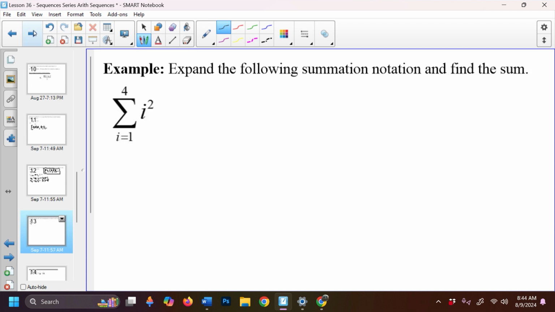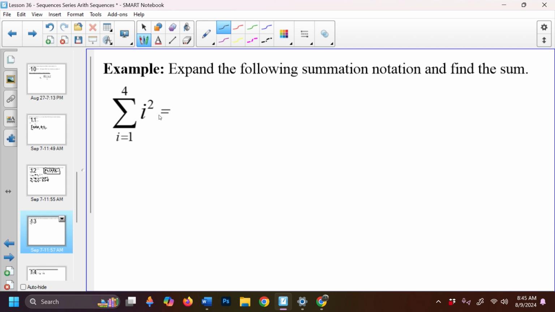All right, next. It says expand the following summation notation and then find the sum. All right, so this one isn't too big, and you'll see that they could easily become quite large. But for us, this asks us to plug all of the numbers from 1 to 4 into i squared, and once you've done that, then add them all up.